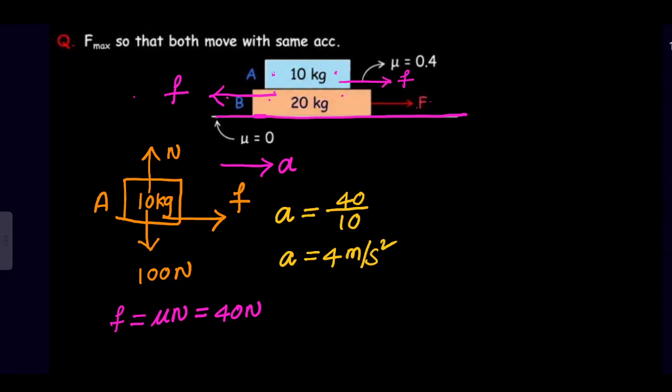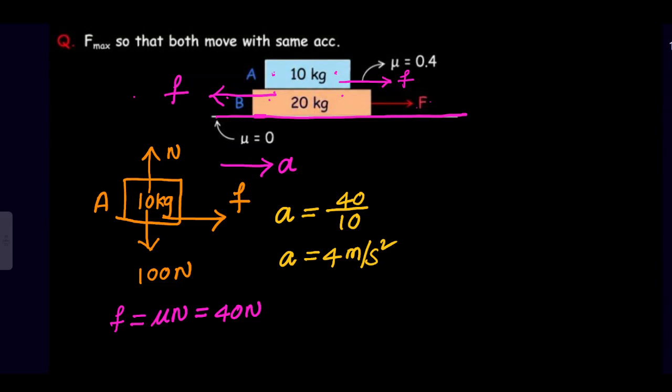This is the acceleration of block A. That is the maximum acceleration, remember, that is a maximum. Why? Because on block A only friction is present. So the maximum acceleration of block A is 4. Beyond that, it doesn't have.